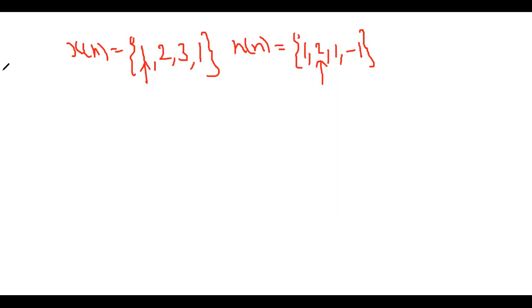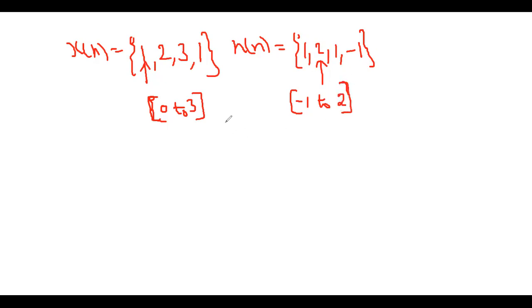Okay, these are the values given. What is the lowest index? For y of n, x of n varies from 0 to 3, that is the range, and h also runs from 0 to 3, with h values 1, minus 1, 0, 1 to 2.